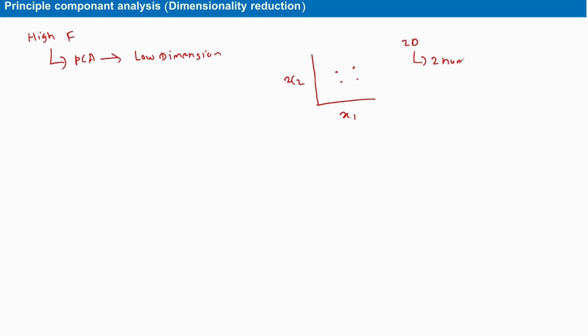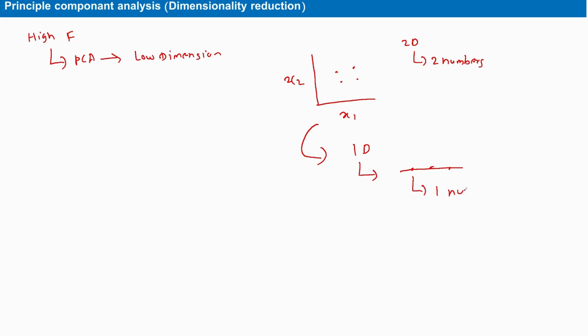But if you transform these data points into 1D space, then you need just one line to represent them, and to represent each 1D transformed data point, you need only one number.